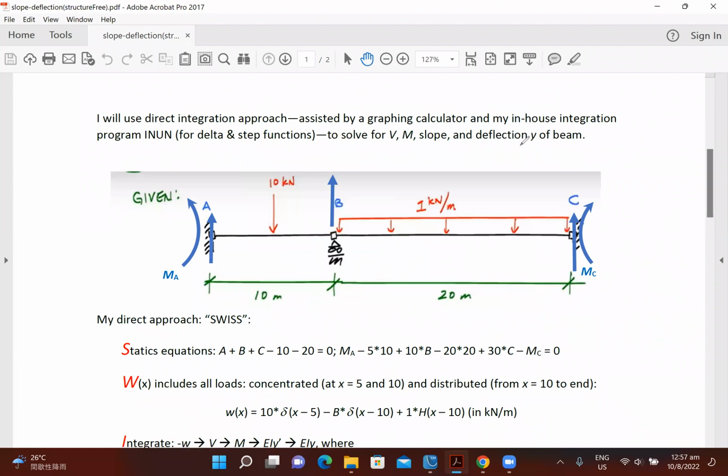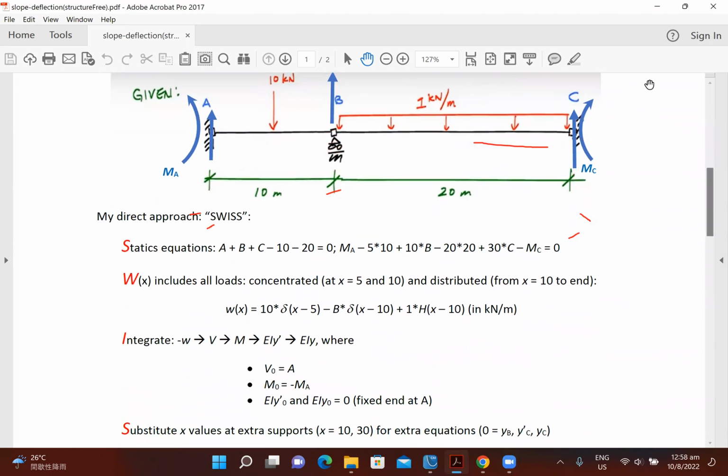I will actually go up to the deflection of the beam, y of x. And here are the assumed reactions, the force at A, at B, and at C, and a moment at A and at C in those assumed directions. So my so-called Swiss approach is as follows.